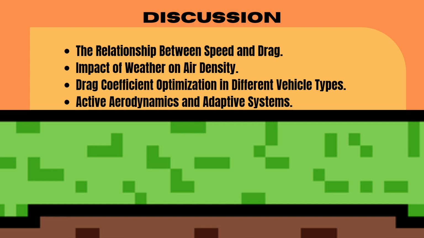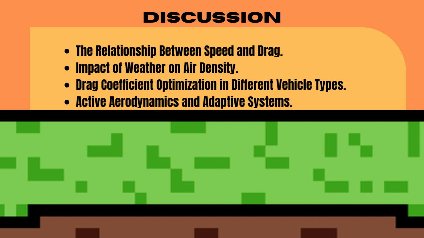Then we have the impact of weather on air density. Temperature and humidity in the atmosphere can subtly change air density, impacting how a vehicle performs. For instance, hot, humid weather reduces air density slightly, which can lower drag.